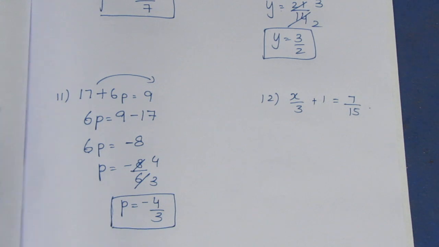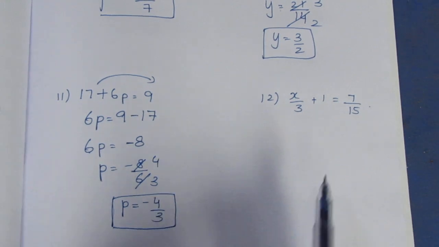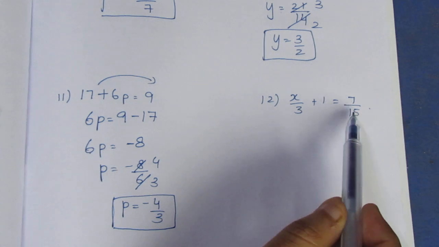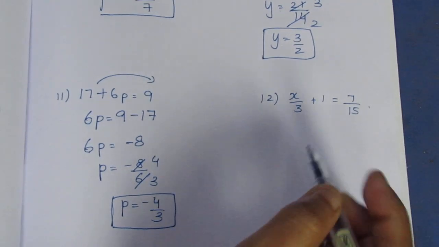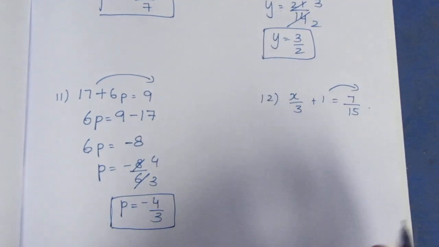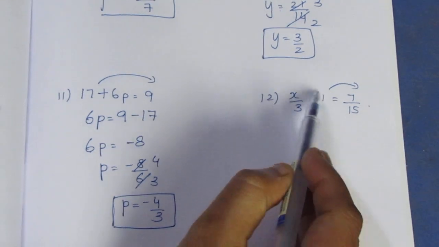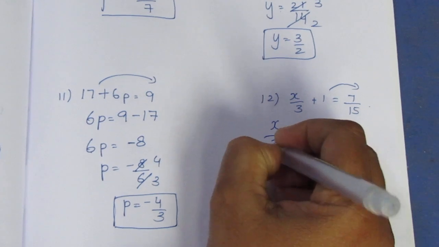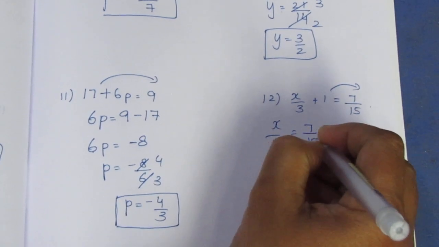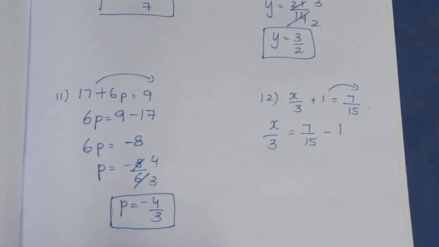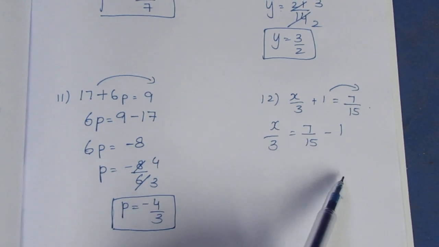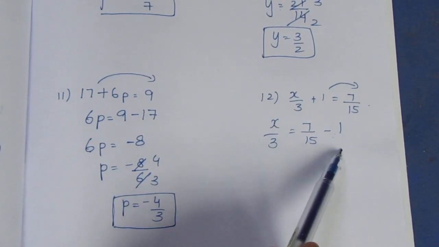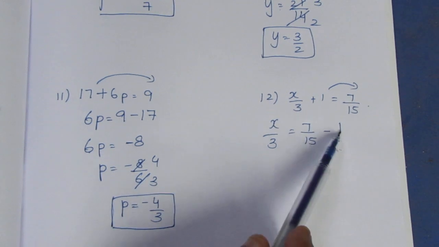Now we'll move on to the 12th one. Here the question is x by 3 plus 1 is equal to 7 by 15. Bring 1 to the other side. First the number which is in addition or subtraction, we need to bring it to the other side. Here x by 3 is equal to 7 by 15 minus 1. If it is by 1, we need to take the LCM. Taking the LCM for by 1, directly we can multiply these two numbers.